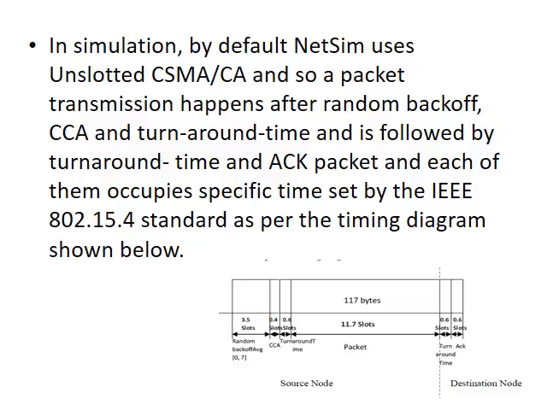The packet transmission from source node to destination node is given the maximum time, 11.7 slots, as the amount of data transferred is 117 bytes, which we calculated in the last slide. Now on the destination node, again there's a turnaround time of 0.6 slots, and an acknowledgement which is also given 0.6 slots.